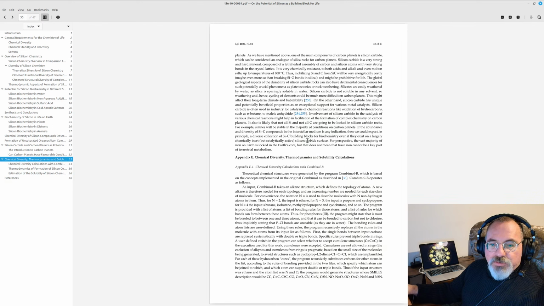For perspective, the vast majority of iron on Earth is locked in the Earth's core, but this does not mean that trace iron cannot be a key part of terrestrial metabolism. And I suppose you could point to the presence of iron in our blood, for example, in hemoglobin.